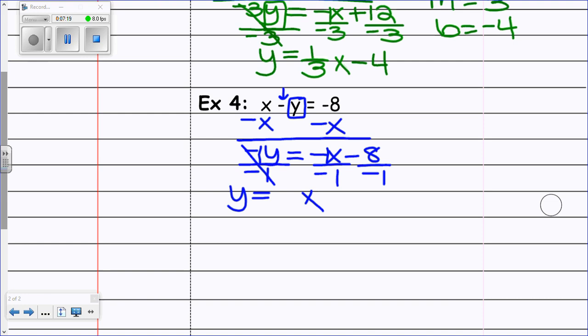Okay, so then this is x, and negative 8 divided by a negative 1 is a positive 8. So now, moving that equation from standard form to slope-intercept form, it's y equals x plus 8. And so now we should be able to identify that the slope is 1 and that the y-intercept is positive 8.